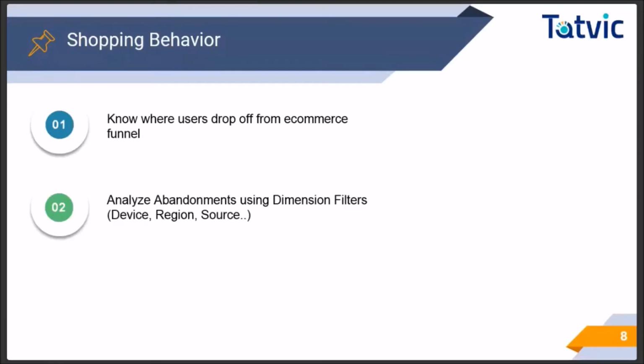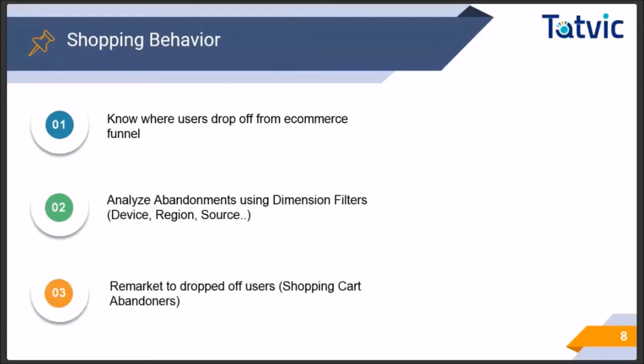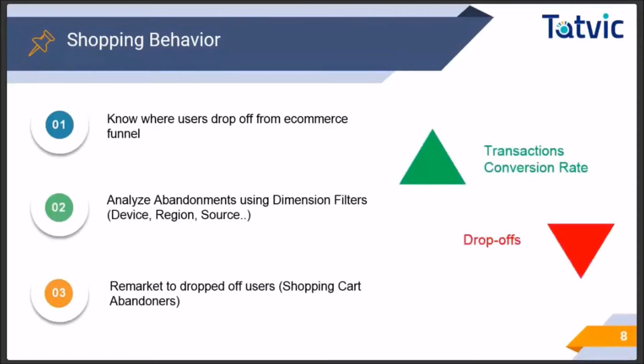It also allows me to add dimensional filters to see if the drop off or abandonments are happening from a particular filter, from a particular dimension, such as region, source medium, or city. And later, I will be able to create a segment based on a particular touch point. And later, I'll push that segment to AdWords and we'll try to remarket to these users to drive conversions. So based on that, I will be able to increase my conversion rate and decrease my drop-offs.